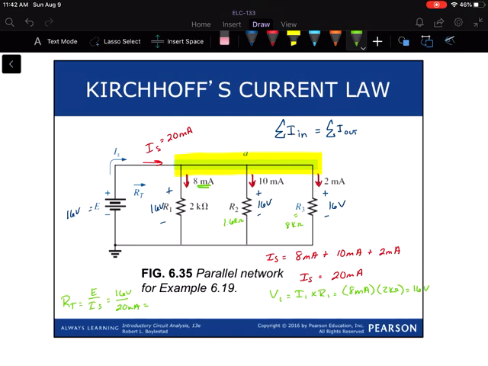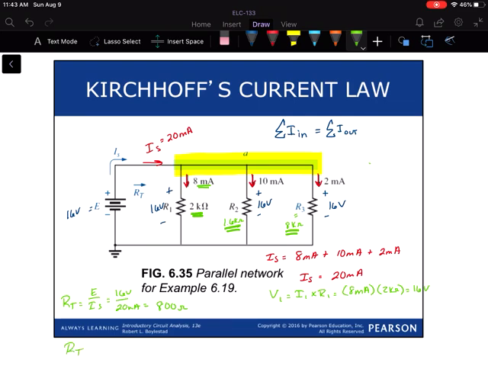Which should be about 800 ohms. Again, there are always ways of checking your answers when you're working with circuits. So what I would do is take our 2K, 1.6K, and our 8K and calculate RT.